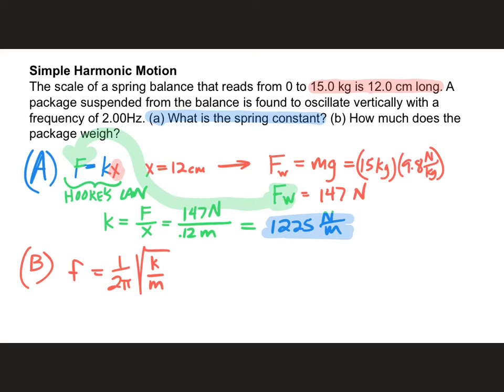If I want to know how much does the package weigh, given some frequency. So here's the advantage. Notice that we found that a package suspended from the balance oscillates vertically at 2 hertz. Just data that we know.